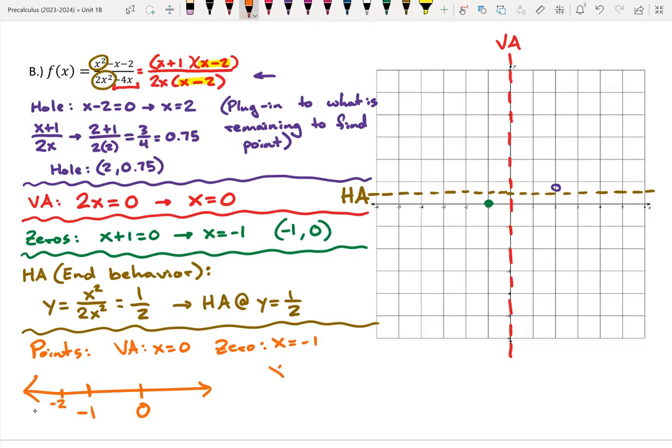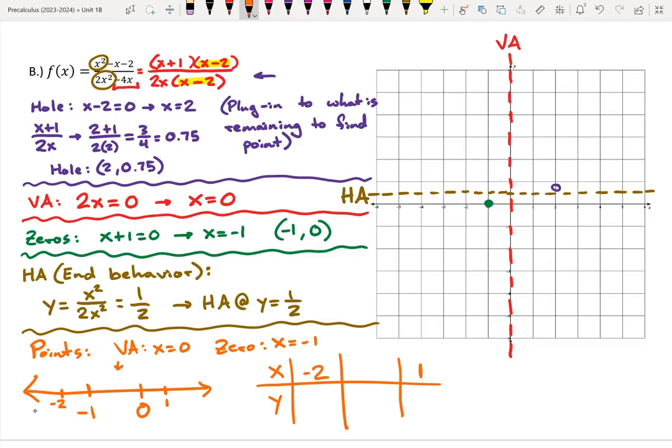So I'm going to plug in negative 2. All right, Ellie, what would be another good point to pick? Positive 1. All right, that's in this interval over here. So I'm going to plug in 1. I need one more point between negative 1 and 0. What would be a good point there, guys?